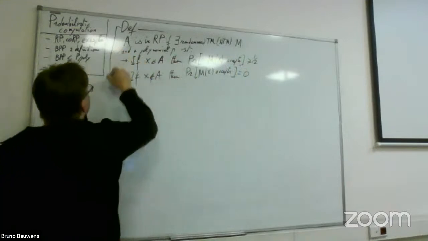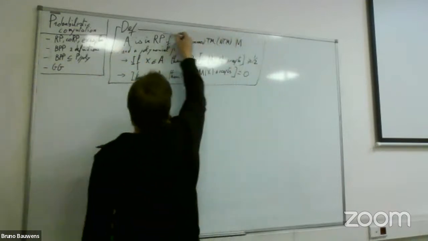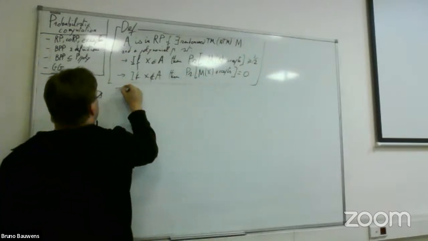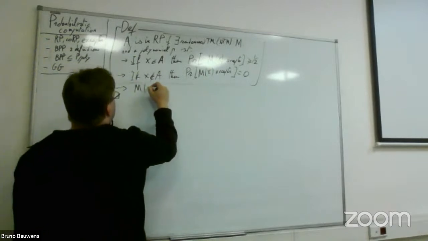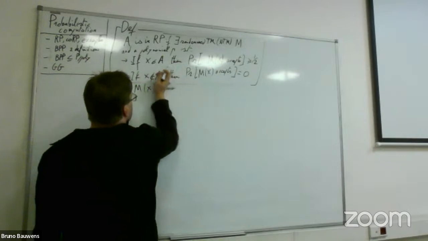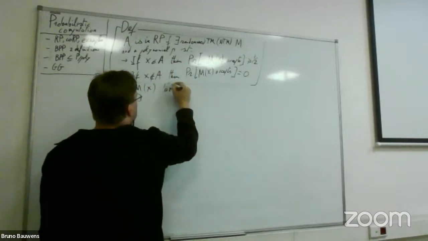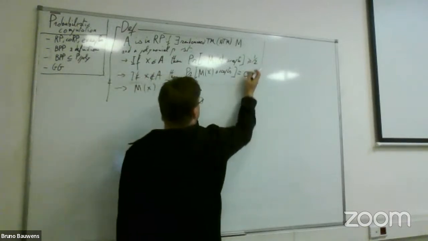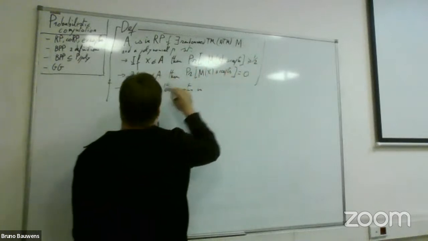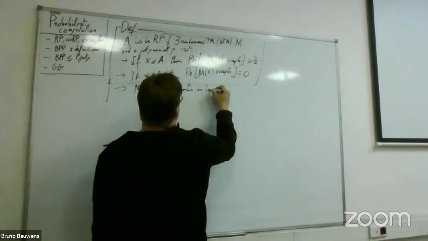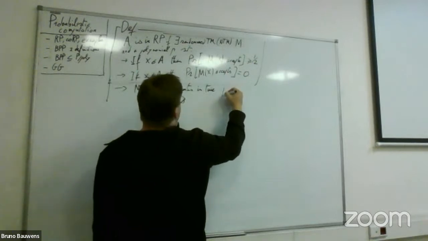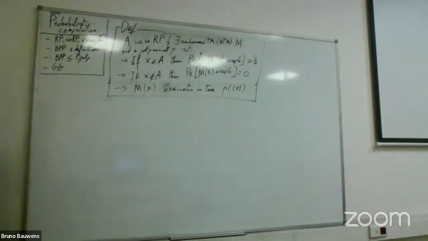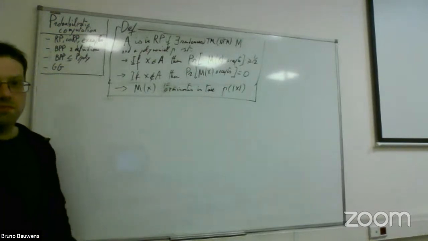Oh, and also the machine should run in polynomial time. I think I somewhere saw the probability of 1 divided by 3. It is BPP. Yeah, I will speak about this. It doesn't matter what you put here. Oh, okay. And M on X terminates in time P of the length of X. Okay, so this is the definition.